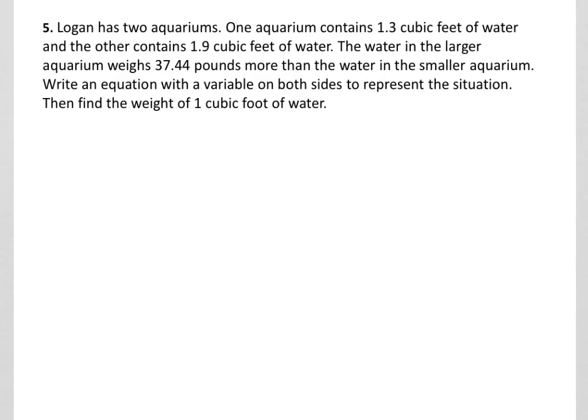So if I use x for my variable, I'm looking at 1.9x is equal to, since that's the larger, 1.3x plus 37.44. It's just like the very first problem, the problem that we just did.